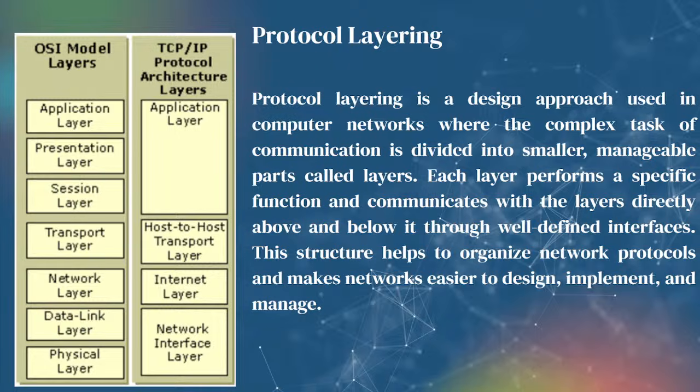So here the communication happens from the application through all the layers below. Each layer performs a specific function and communicates with the layer directly above and below it through well-defined interfaces.